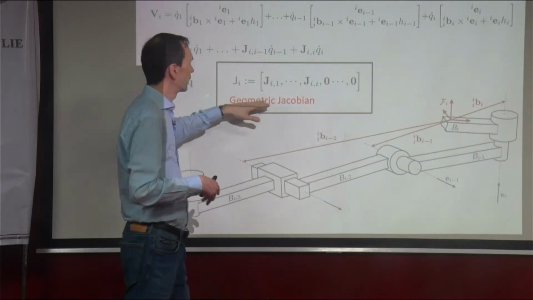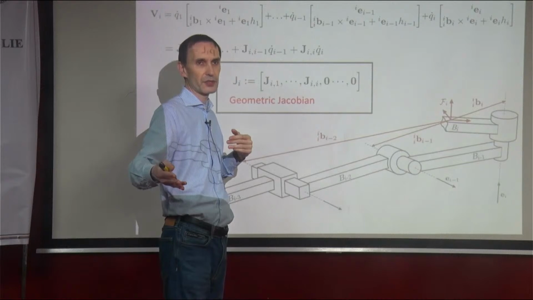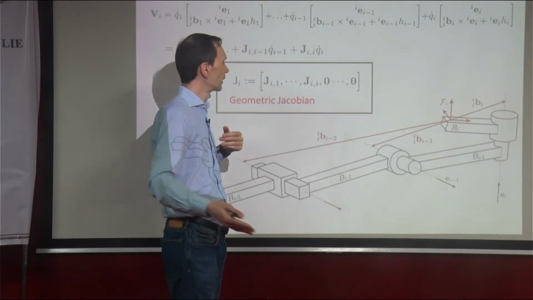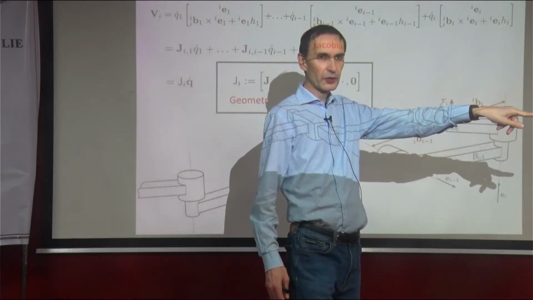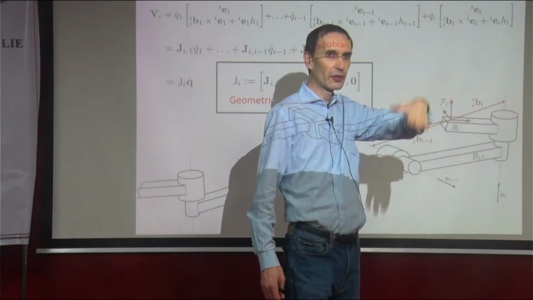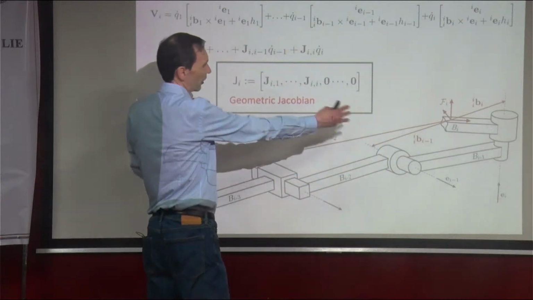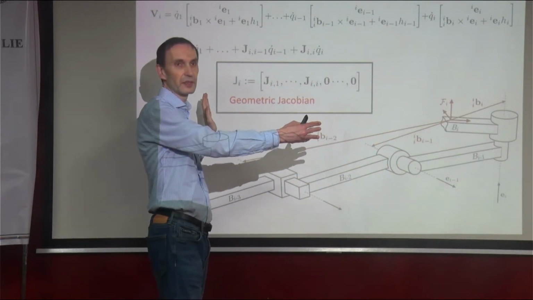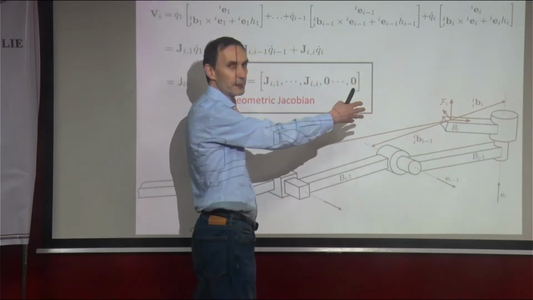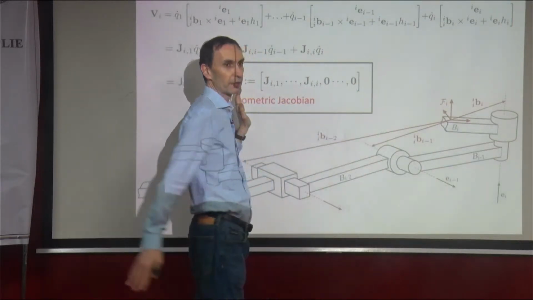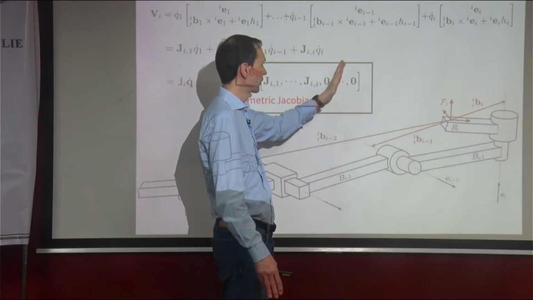We have n joints in the whole kinematic chain, and the vector q comprises all the joint angles from 1 to n, so we have to have n columns, because you're multiplying with an n vector. Even though joints i plus 1 and so on don't influence the body, that's why we have zeros there.